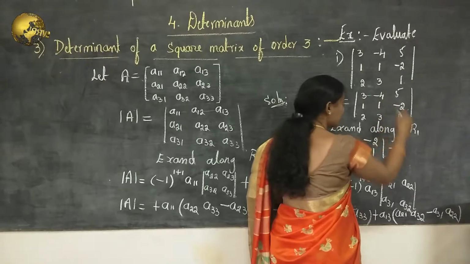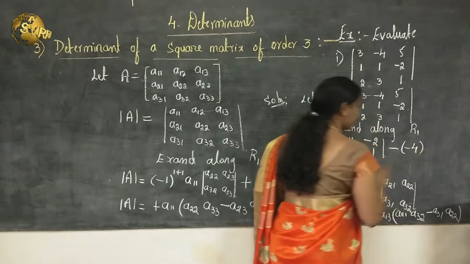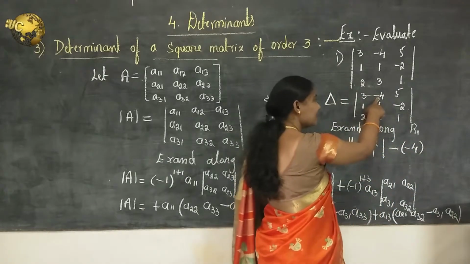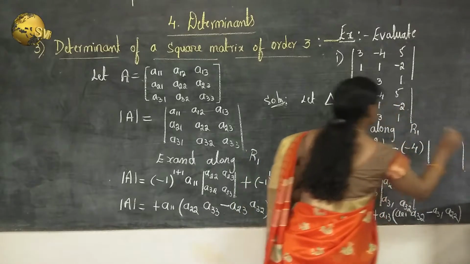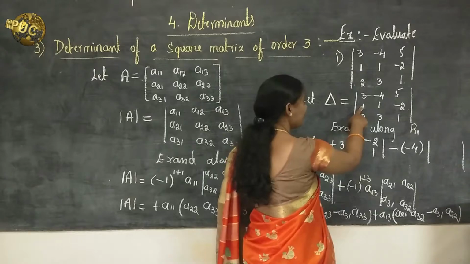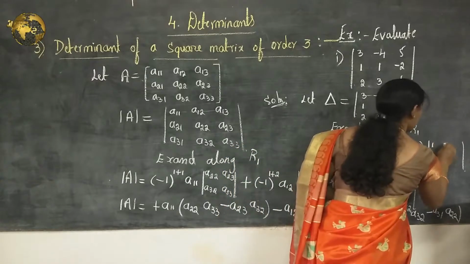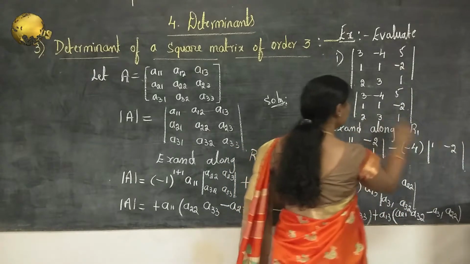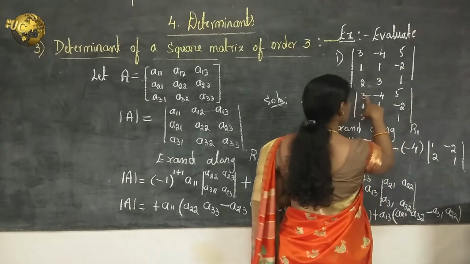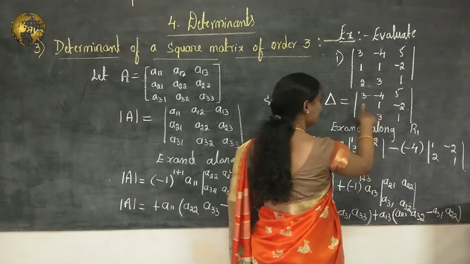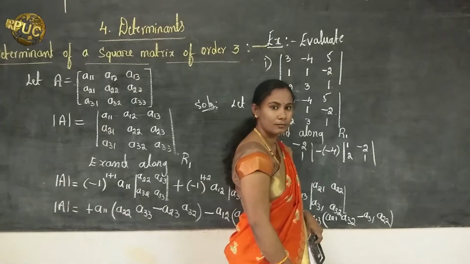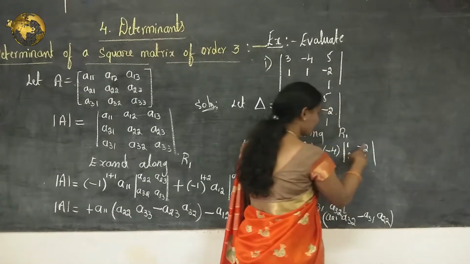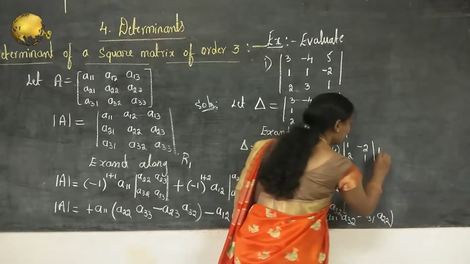Minus 4 is the element, written as it is. It is in the first row, second column, so neglect those numbers. The remaining numbers are 1, minus 2, 2, 1. Then plus.